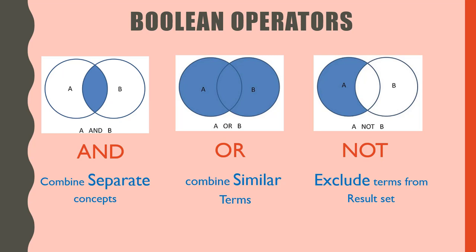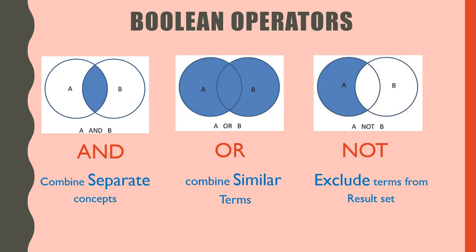So if we were looking at cultural competency and social workers, where do those two intersect so I can find an article about social workers that addresses cultural competency? So then we combine those two terms together with an and. And the result set would be that portion in the middle of that Venn diagram, that intersecting portion, so that your result set gets smaller when you use an and. That's how we focus in on what we need.